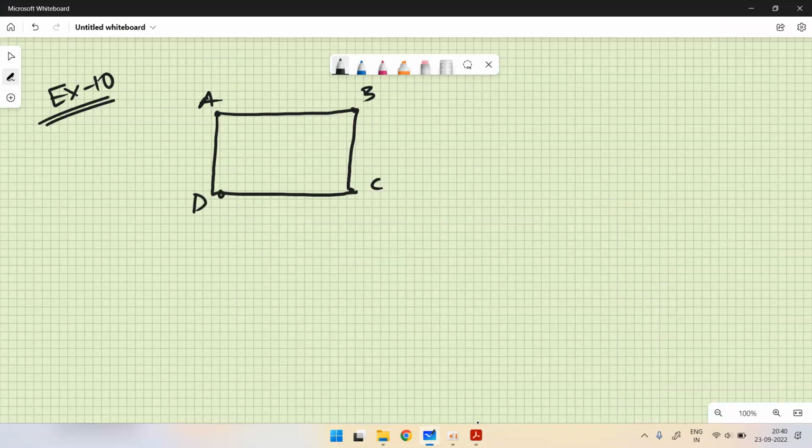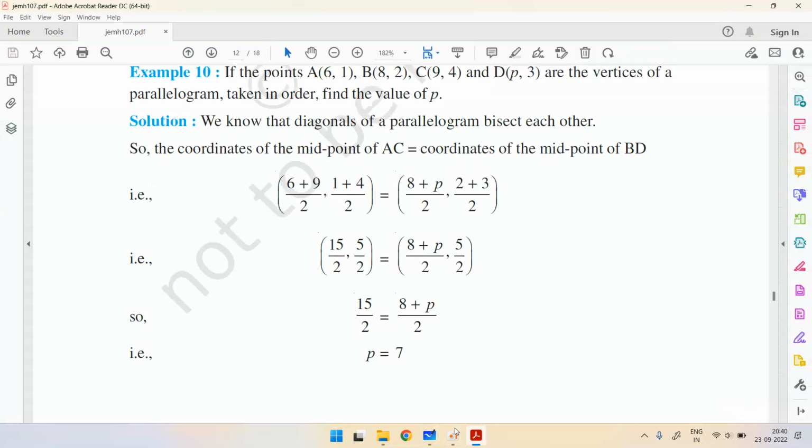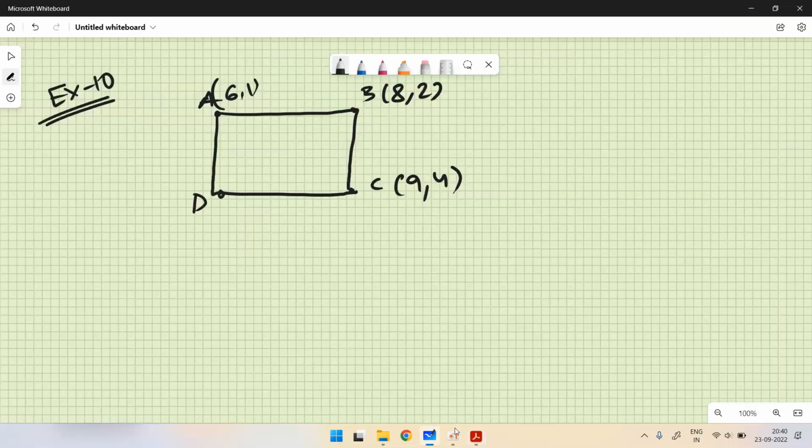We need to find the value of P. P is equal to what?